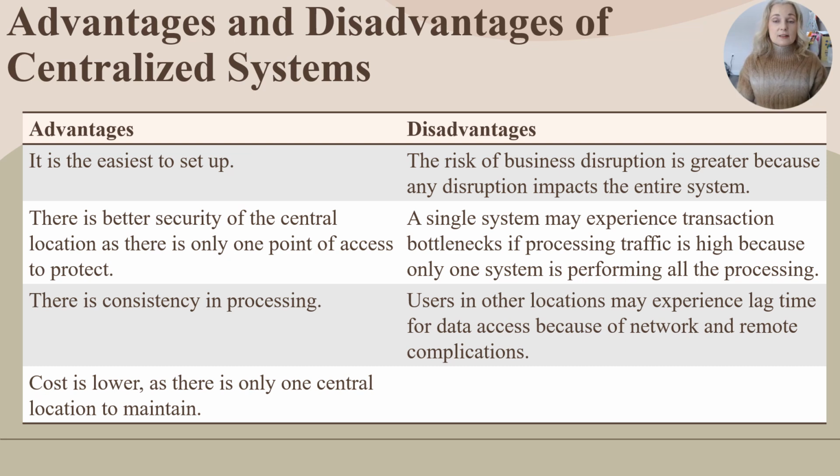The disadvantages are that the risk of a business disruption is greater because the disruption impacts the whole system versus a portion. So if something goes down, everything goes down. A single system may experience transaction bottlenecks if processing traffic is high because only one system is performing all the processing.